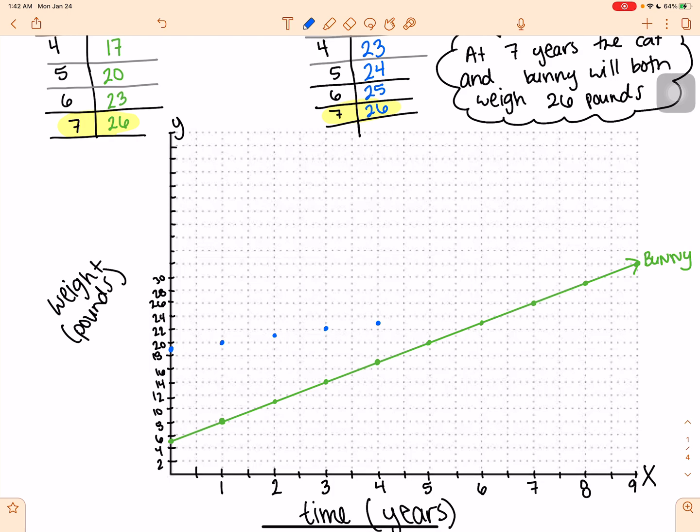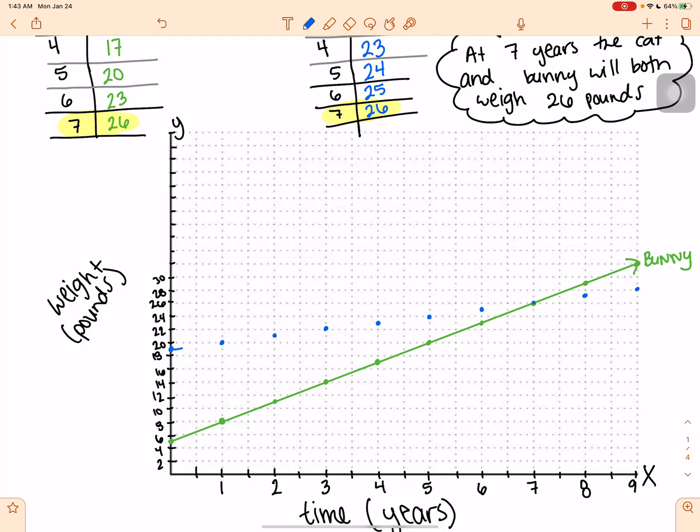After 5 years, it's 24 pounds. After 6 years, it's 25. And after 7 years, 26 pounds. After 8 years, it's 27 pounds. After 9 years, it'll be 28 pounds.